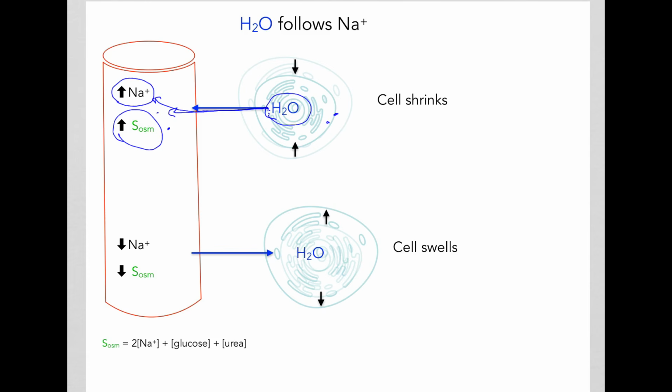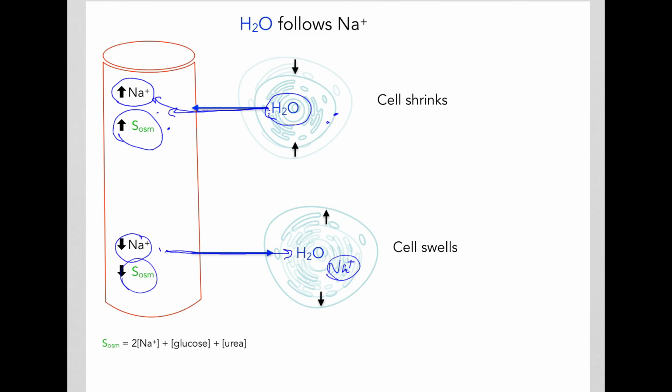The reverse case, if there is very little sodium, low osmolality compared to inside the cell, then the water is going to go where there is more sodium. So in this case, more, let's say, inside the cell, the osmolality is higher.